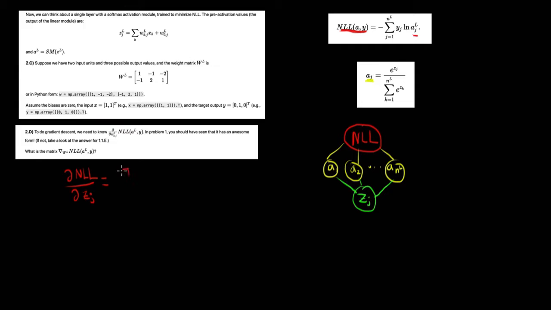And the multivariable chain rule is given by this sum from I equals 1 to NL of, first we have the derivative of NLL with respect to AI, and then we also have the derivative of AI with respect to ZJ.